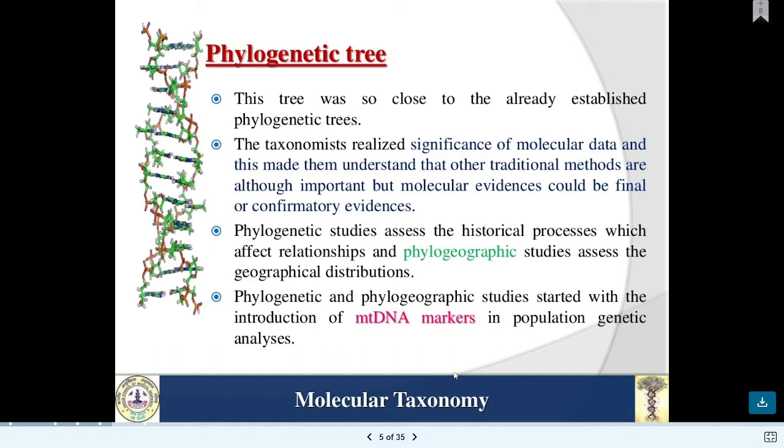Phylogenetic studies assess the historical processes which affect relationships, and phylogeographic studies assess the geographical distribution. The phylogenetic and phylogeographic studies started with the introduction of mitochondrial DNA markers in population genetic analysis. Why mitochondrial DNA?